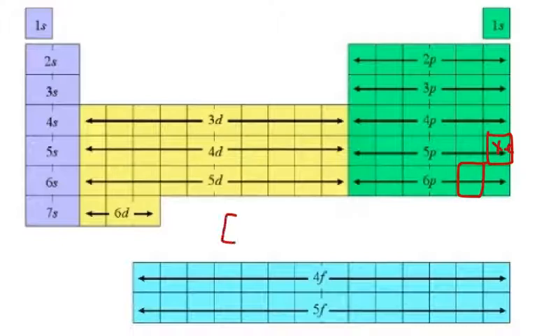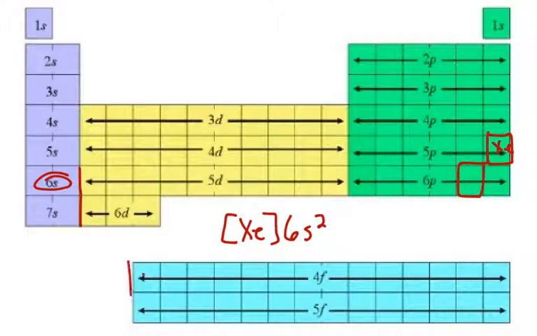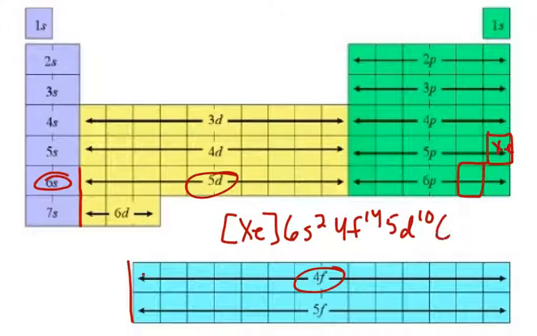So you would write down in square brackets Xe, and then we'd go on from there. 6s2, and then remember, after there, comes down here, so we'd have 4f14, and then 5d10, and then 6p, 1, 2, 3, 4, 5. 6p5. That would be the abbreviated electron configuration for the element astatine, which is At.